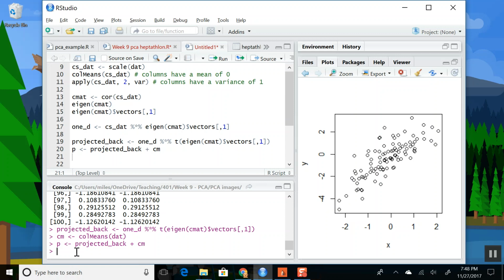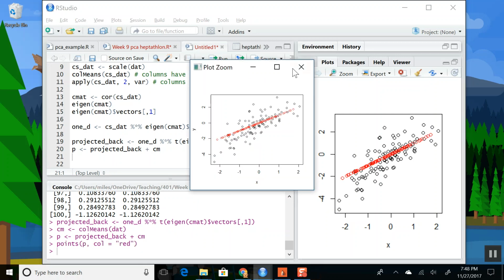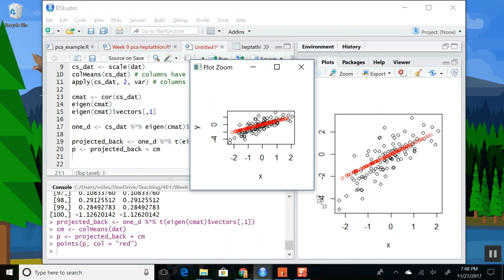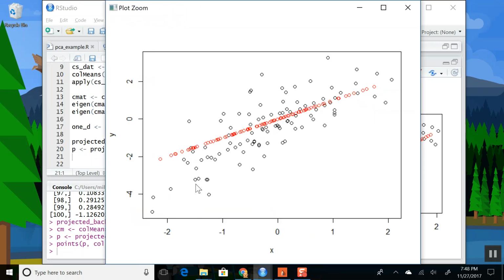So let me do points P, and then we'll do color equals red. All right, so the black represents the original data.